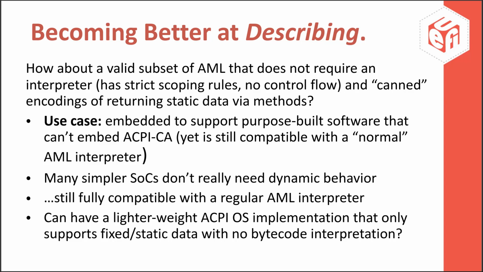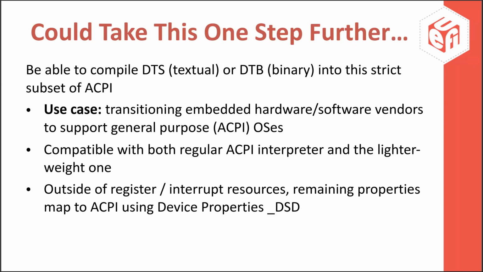So maybe the pipe dream there is that I'm able to form my AML code in a way where it's still fully regular AML that can go through ACPI-CA, yet I'm able to write a lighter weight implementation inside an ACPI OS that will support this simpler variant that doesn't allow for arbitrary bytecode interpretation. That's one crazy thought.